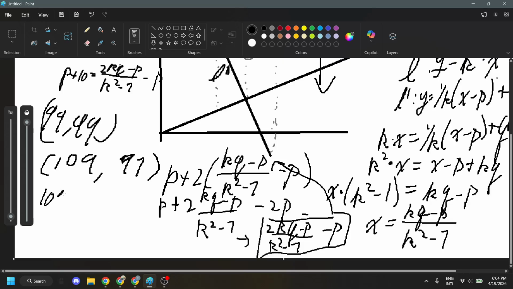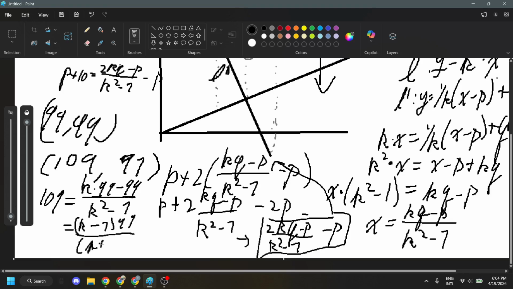So we're saying 109, which is the final point, is equal to k times the first point, which is 99, minus 99 over k squared minus 1. Here we see this is k minus 1 times 99.